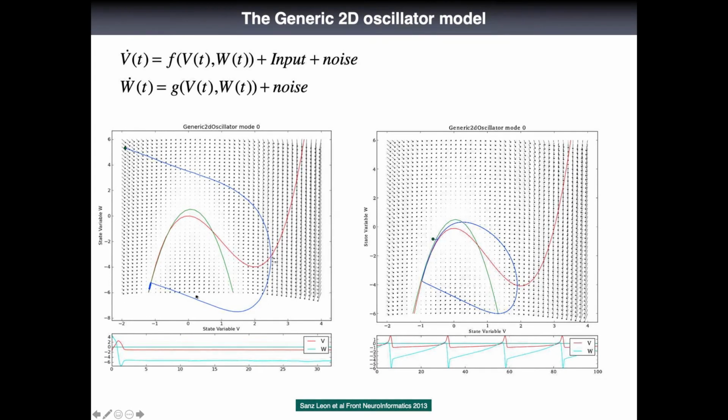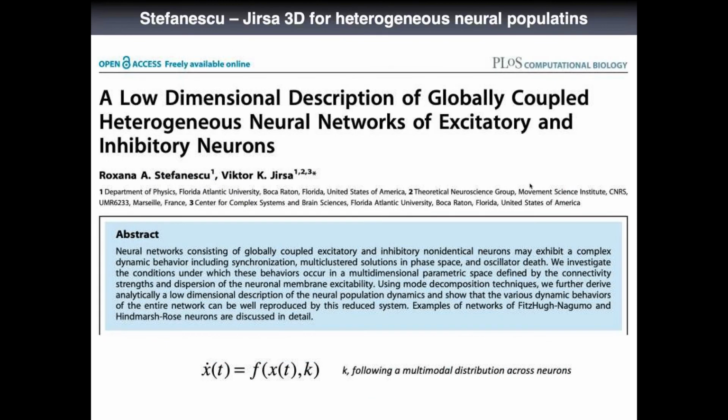Imagine an input giving you a kick, making one cycle and returning to the equilibrium point. If we change the parameters, a limit cycle can also appear, in which case oscillations can be modeled. Now, in all these cases until now, we assume that the local population dynamics are quite homogeneous.